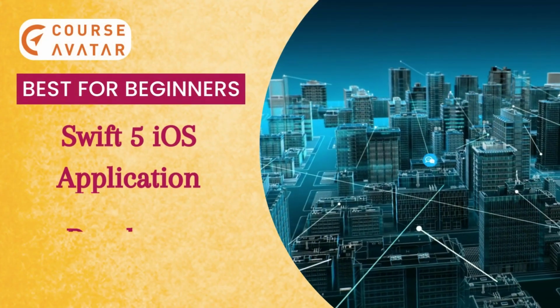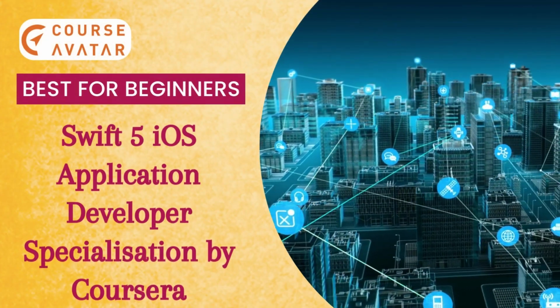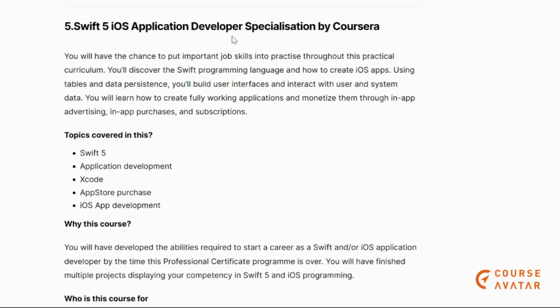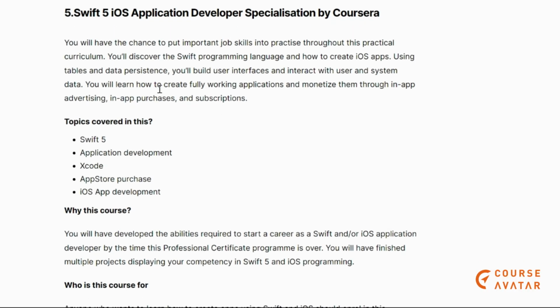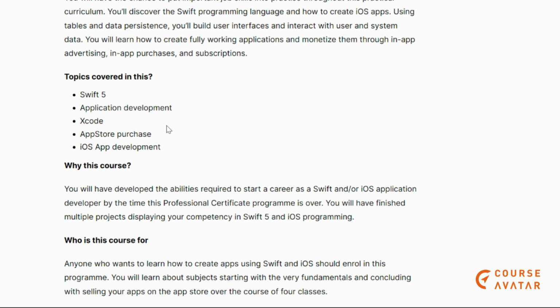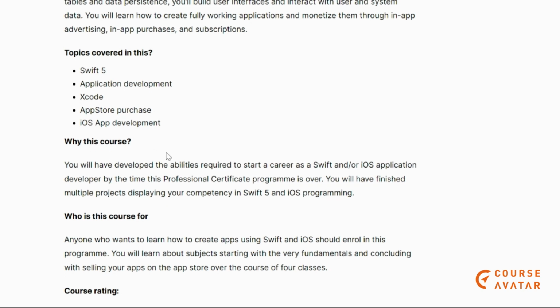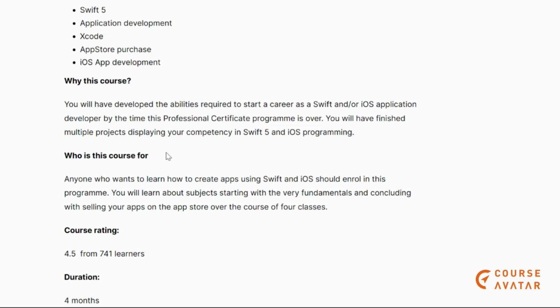So our next course is the Swift 5 iOS Application Developer specialization course, provided by Coursera. Here you will learn to create fully working applications and monetize them through in-app advertising, in-app purchases, or subscriptions. You will learn topics like application development, Xcode, app stores, and in-app purchases. After completing this course, you will get a professional certification.